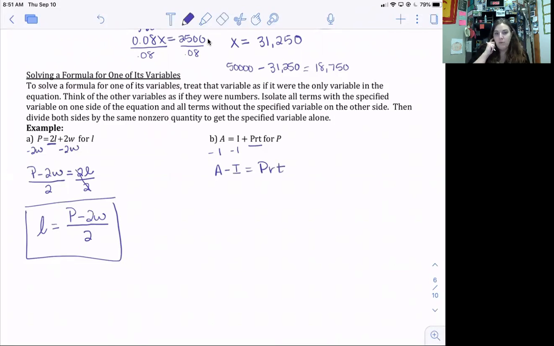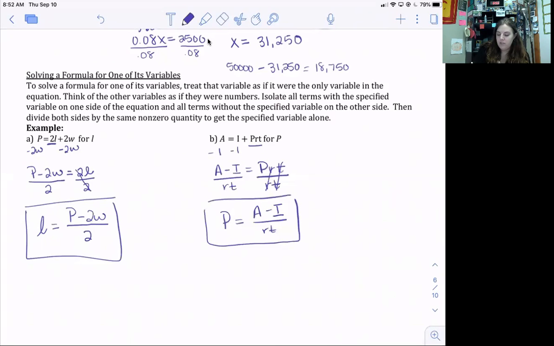And since these are all being multiplied together, we're going to divide by RT on both sides. So P equals A minus I divided by RT. Again, the key thing with rearranging formulas is to figure out what operation is happening and then just do the opposite. Same thing as what we're doing when we have variables and numbers.